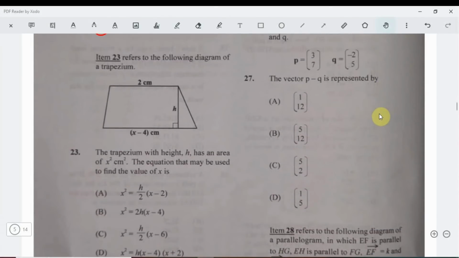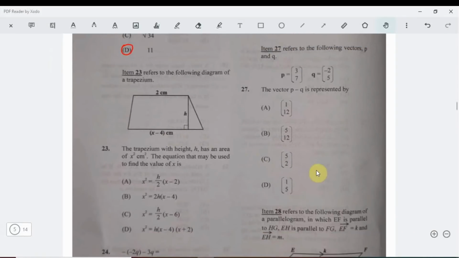Question 23 says, the trapezium with height h has an area of x squared. The equation that may be used to find the value of x is... Once they're giving you area, we know the formula for area of a trapezium. Area of a trapezium is equal to a half the sum of the parallel sides.